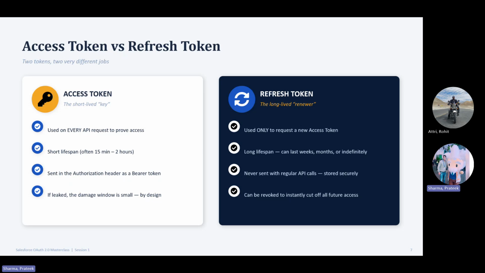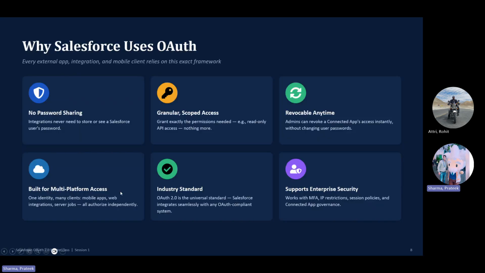We just use it to request an access token, right? We can store it securely in your application and use it every time to get an access token. It can be revoked instantly, cutting off all future access, right? We can expire a refresh token from the server only, and it will revoke all the future access related to that API, right?